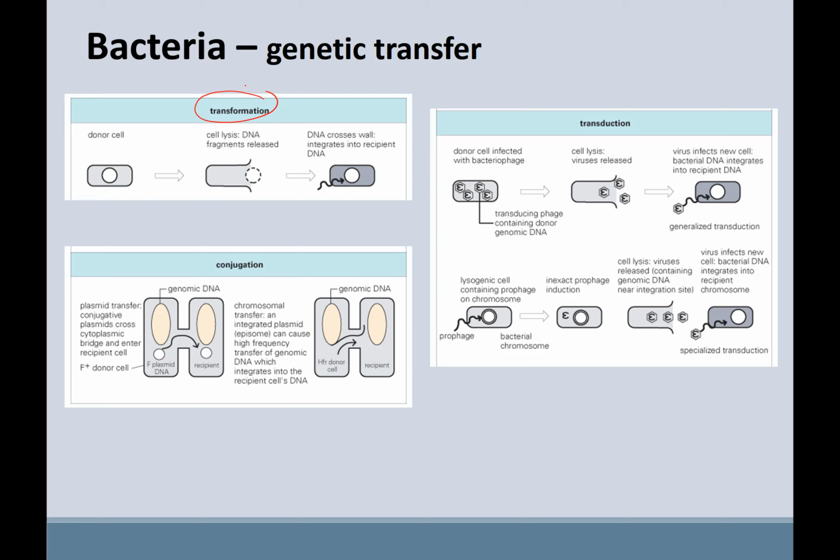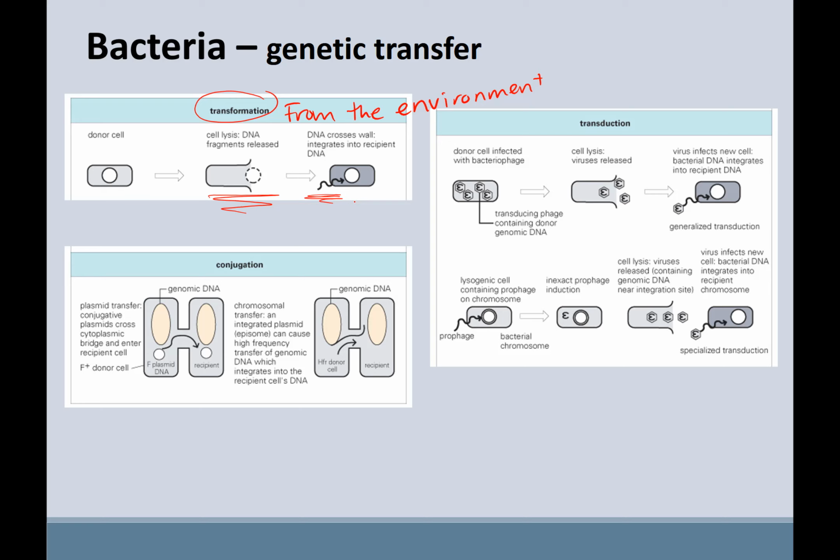And in transformation, bacteria are actually getting DNA from the environment. So what happens in the environment is that bacteria die all the time, their DNA is released, and some bacteria can actually take up that DNA, and sometimes that DNA ends up integrating into the genome and hangs around and can give a whole new characteristic to the bacteria.